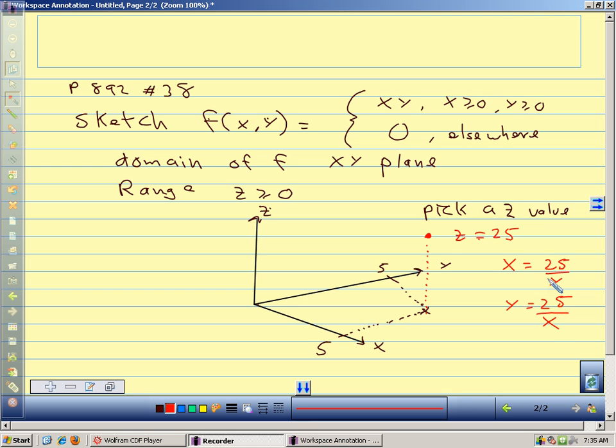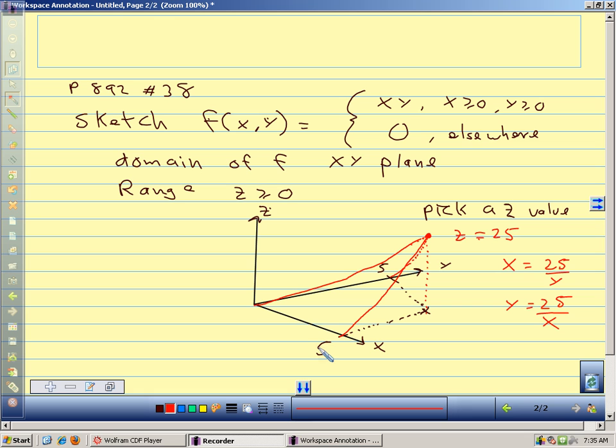Right. So those are hyperbolas. We're going to get hyperbolas that go down like so, and the same thing I'll do in dotted lines down here. And the surface is going to connect like so.